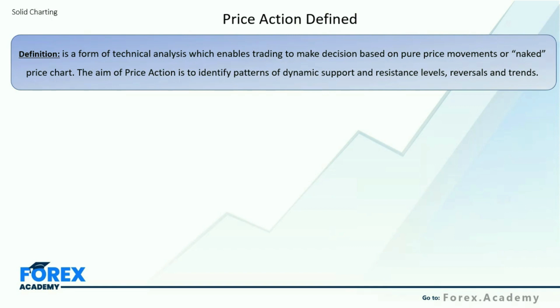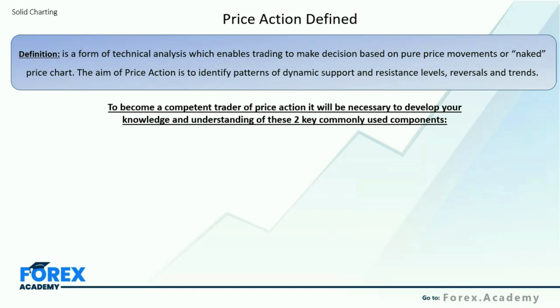Whereas, those that study price action specifically, and the aim of price action is to be able to identify patterns of dynamic support and resistance levels and things like reversals and trends. So again, this is a variation of those that use technical indicators to technically analyze the markets. There is also those that prefer to use price action to analyze and understand what's going on.